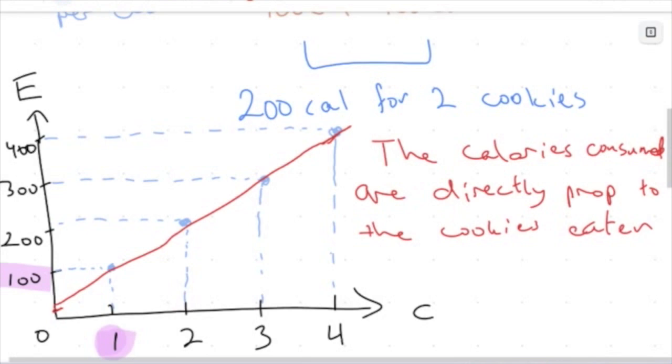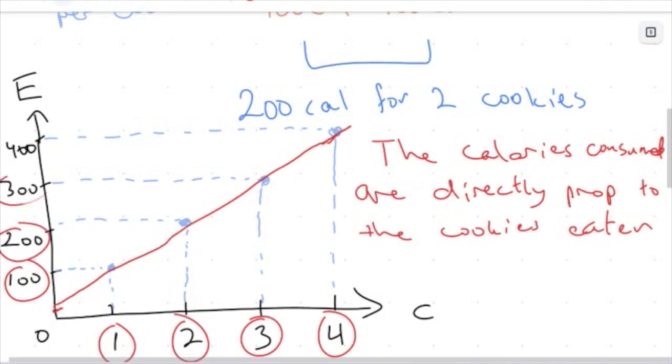So that means as I constantly increase my number of cookies, so I go from 1 to 2 to 3 to 4, I am constantly increasing the same calories: 100, 200, 300, 400. Do you notice I'm taking these same kinds of steps that I did in linear relationships?